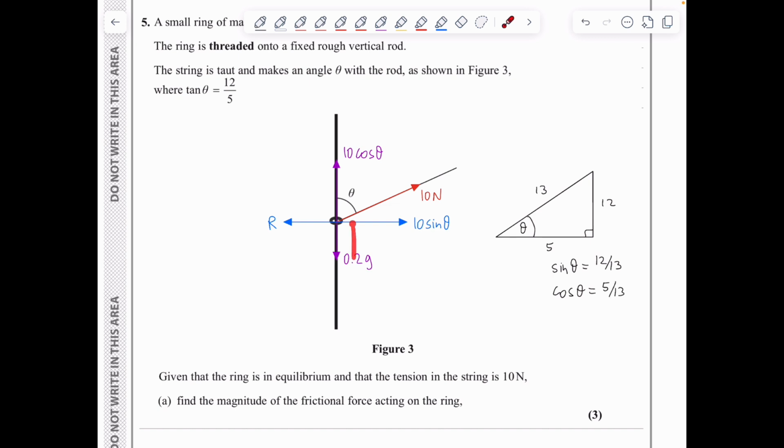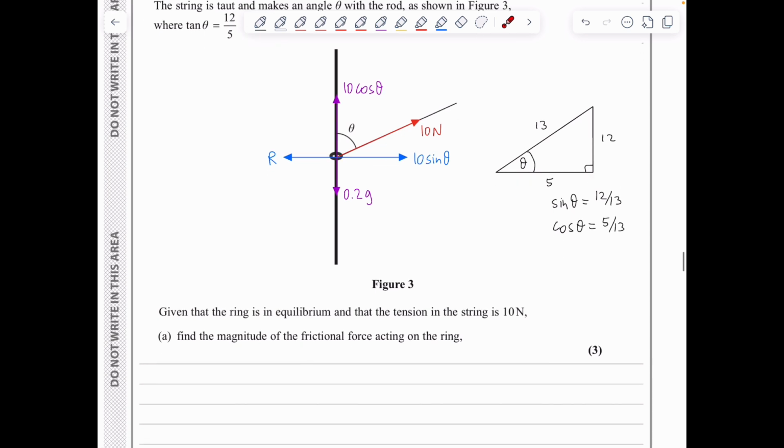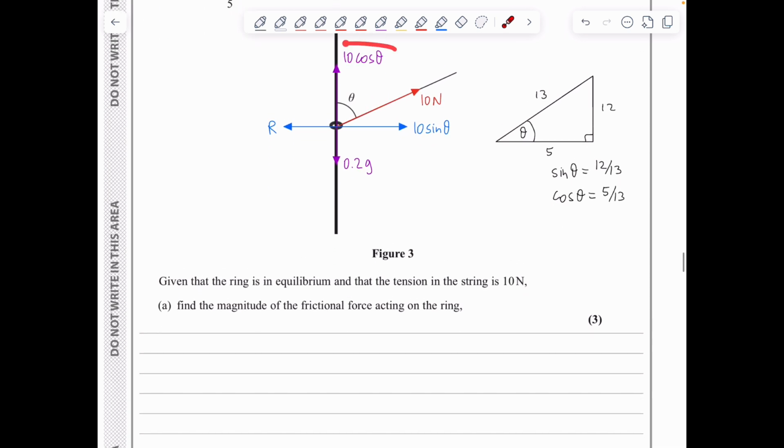It could be pointing downwards or upwards depending on whether the ring is about to go up or down. I'm not going to put it on my diagram yet. I will just proceed finding the numerical value of 10 cos θ and comparing this with 0.2g to decide in which direction the friction should be pointing in order for the system to be in equilibrium.